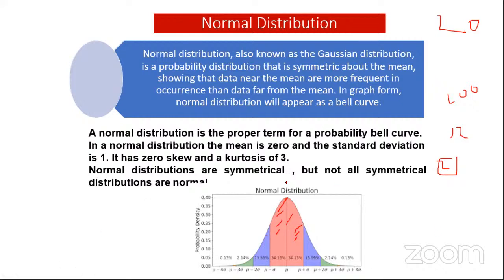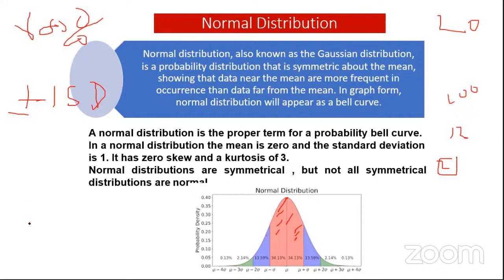Then, using the standard deviation rule, 68% of our participants will have their score between plus or minus 1 standard deviation. Plus or minus 1 standard deviation.